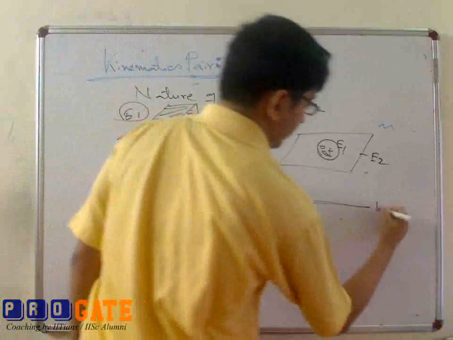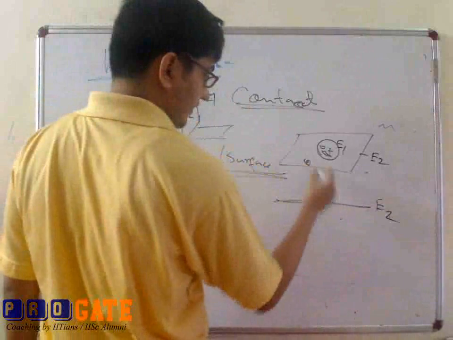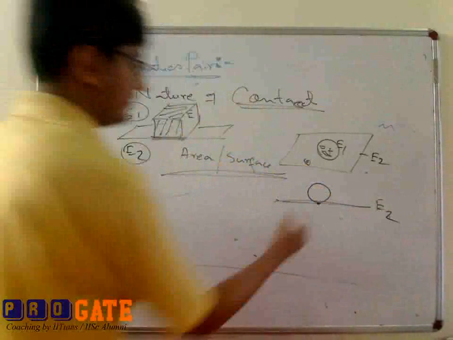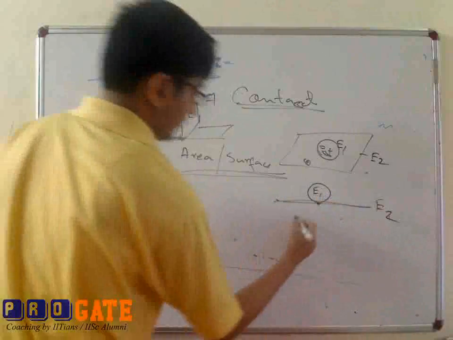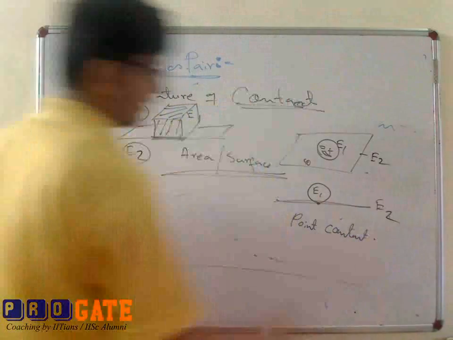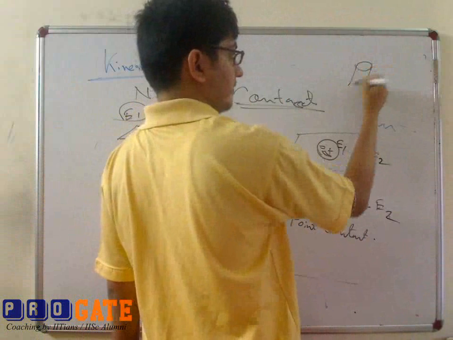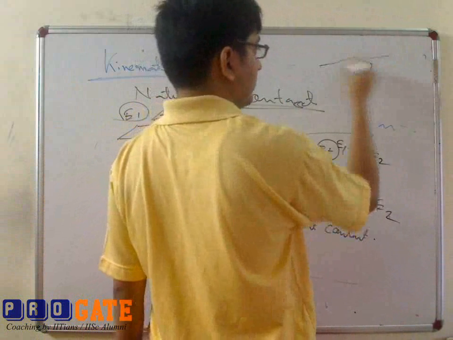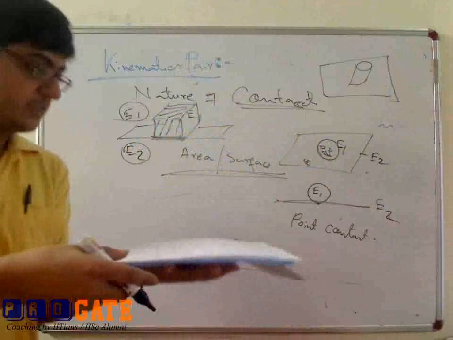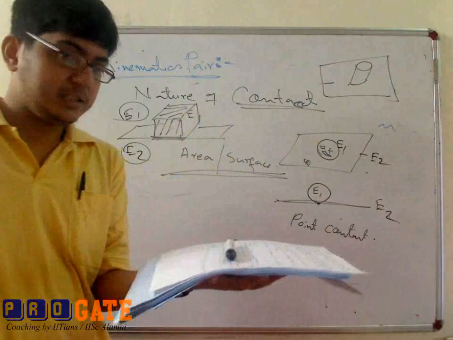If you draw it in two dimensions, this is your E2, this surface, and this is your sphere. So this is the point of contact. This is element 1. So this is the point contact. Now consider this sphere as a cylinder, which is placed on this plane, and this is another cylinder placed on this surface.